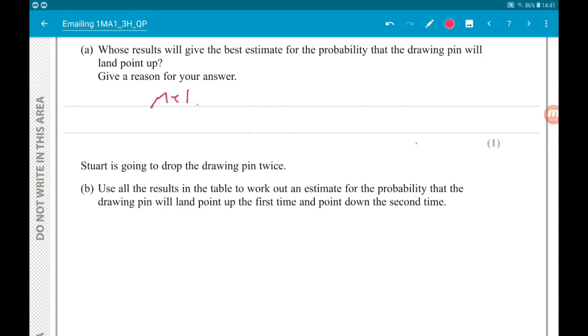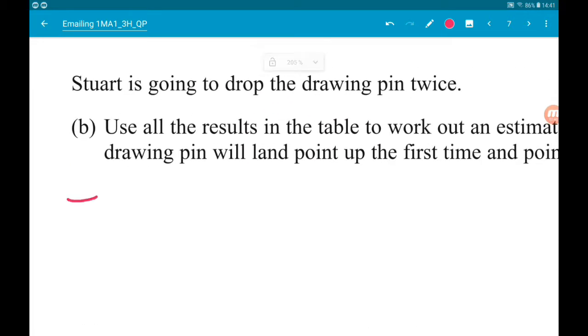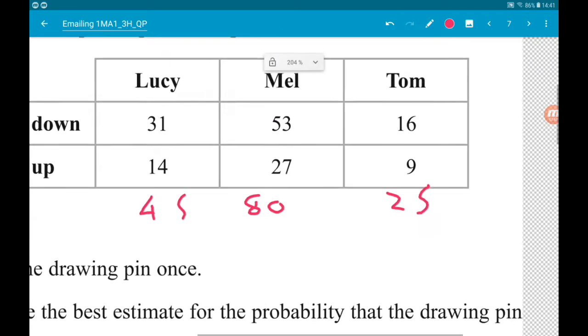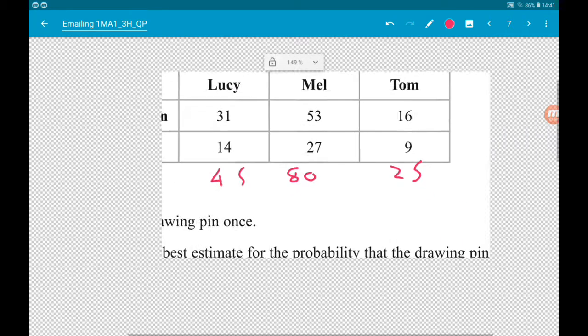When it says use all the results in the table, what we're going to need is the total number of times the pin was dropped, total number of times it landed down, and total number of times it landed up. So the total drops is 45 add 80 add 25, which is 150.